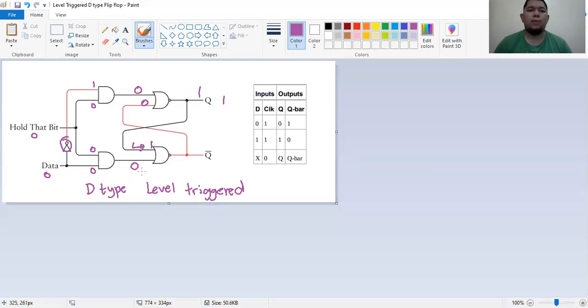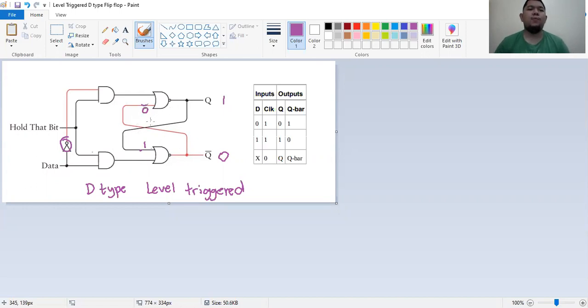So 1 or 0 becomes 1, and inverse that becomes 0. So it becomes 1 and 0. Okay, so this is our initial state of our circuit. The first output becomes 1, and this travels here and becomes 1, and this travels here and becomes 0.